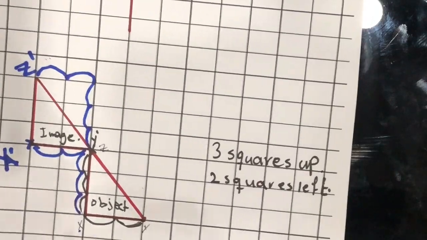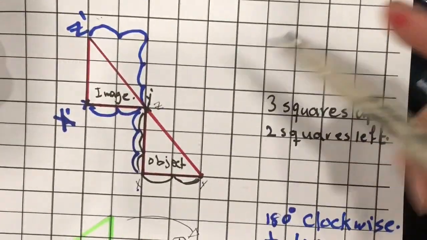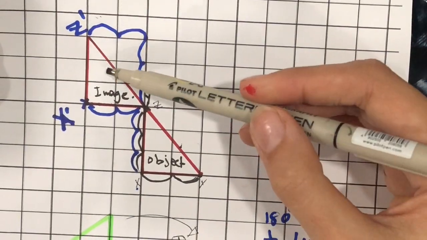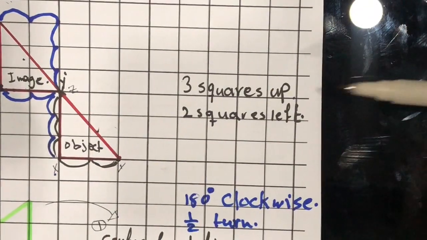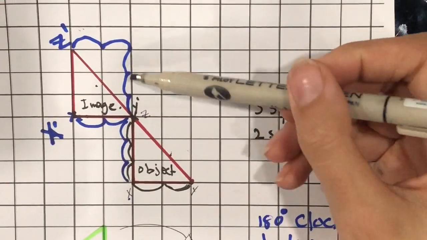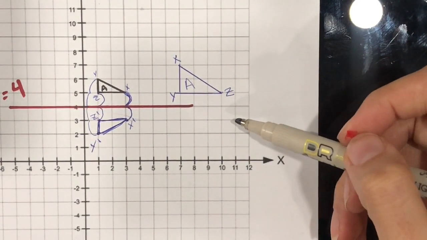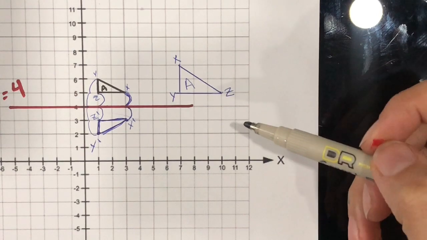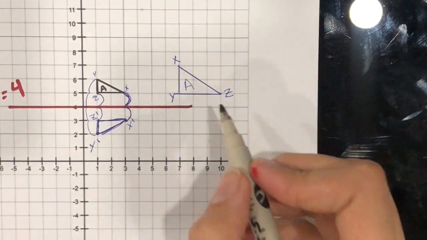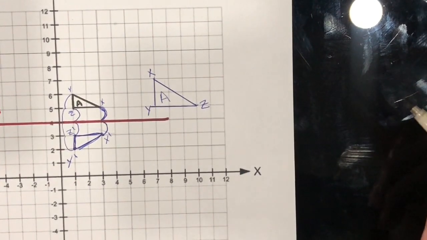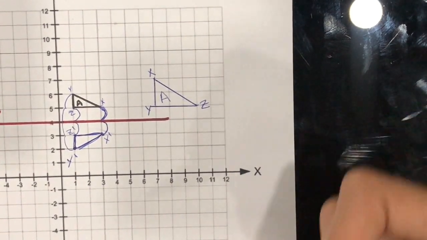Here, this was translating of this object into this image, 3 squares up and 2 squares left, and we counted the squares. We're going to do the same in this triangle. For each one of these points, we're going to count 2 squares to the right and 3 squares down.